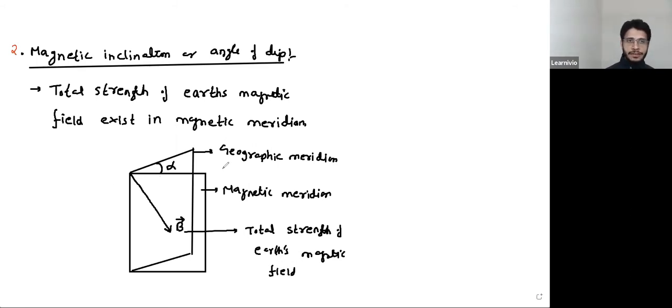And this is a horizontal line in the magnetic meridian.